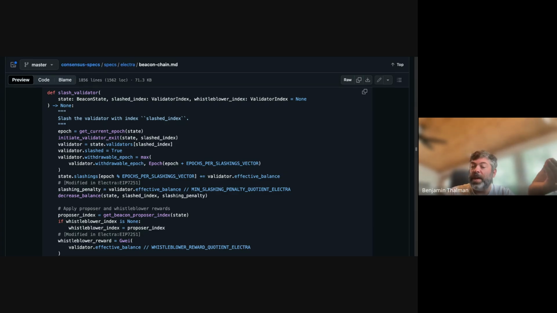If you have a validator with an effective balance of 2,048 ETH, your penalty is half an ETH, which is much higher. So even though comparing pre and post Pectra the penalty has gone down substantially, the logic is still such that the higher your effective balance, the greater the initial slashing penalty is going to be, even though it's much, much less than it used to be with pre-Pectra or Bellatrix specs.